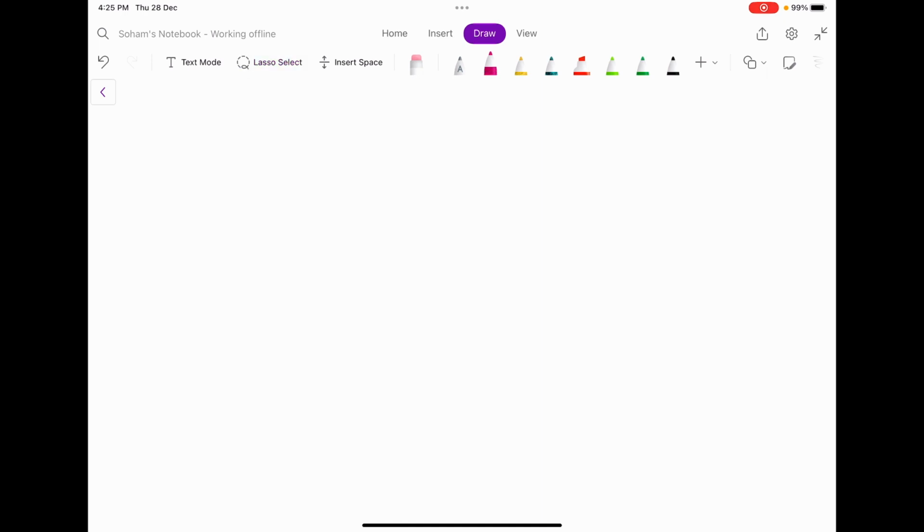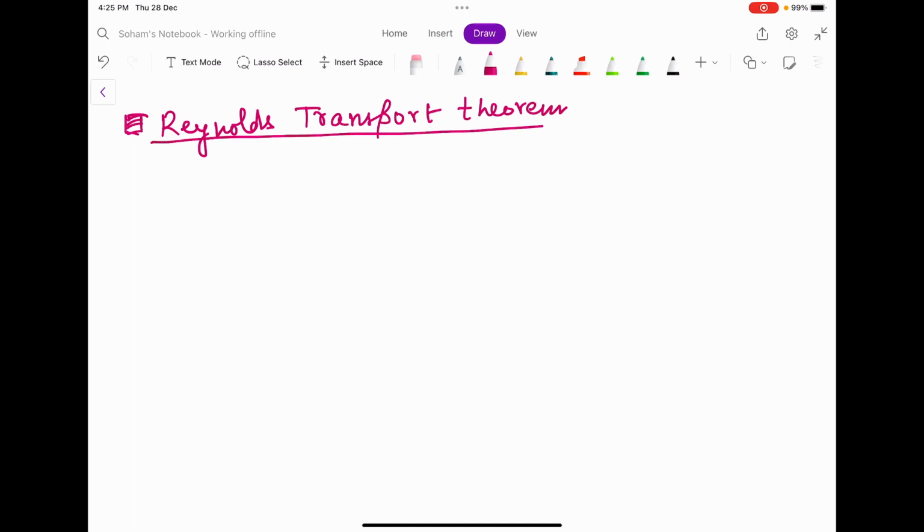This is nothing but the celebrated Reynolds Transport Theorem. Essentially this theorem converts the Lagrangian point of view to the Eulerian point of view.